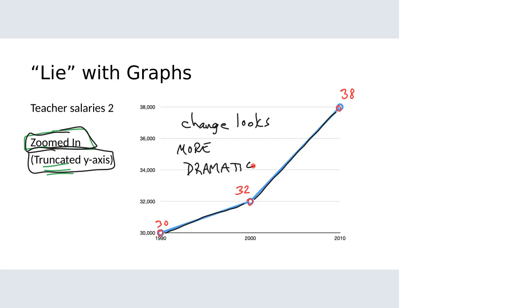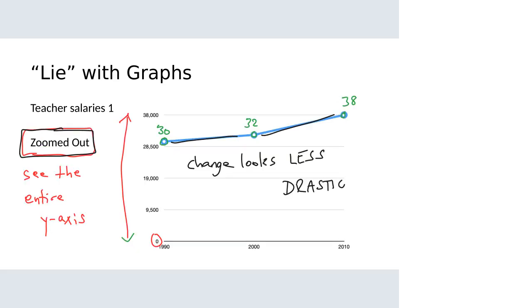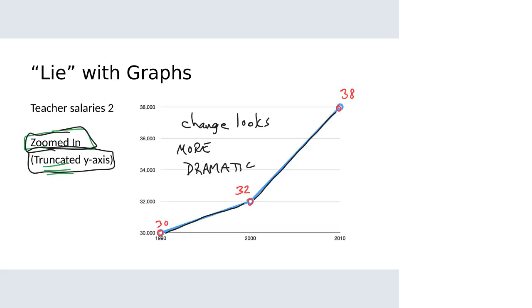So make sure you have that clear in your mind that if we zoom out, we've pulled way back and the change looks less dramatic or less drastic. It looks small. When we zoom in or truncate, the change looks more dramatic. It looks bigger. Holy cow, look at that change. Because we zoomed in right on where the change was located.